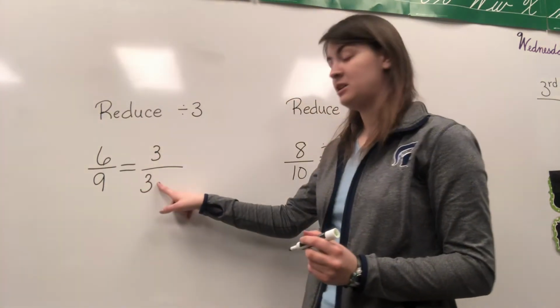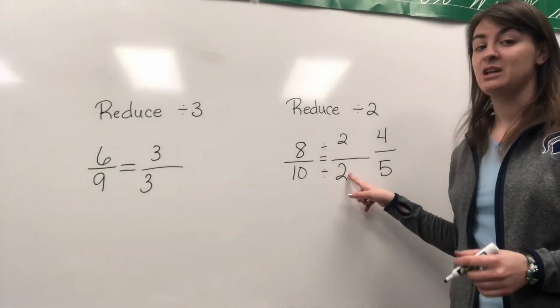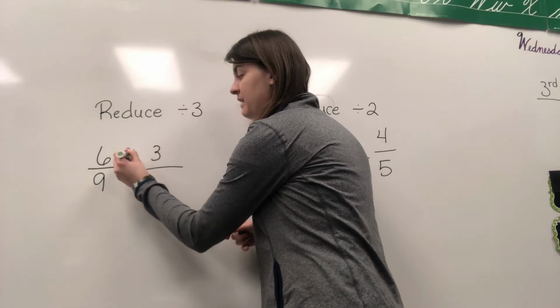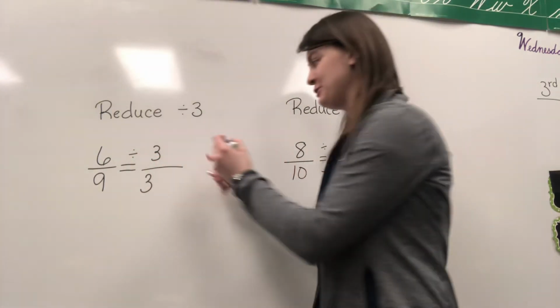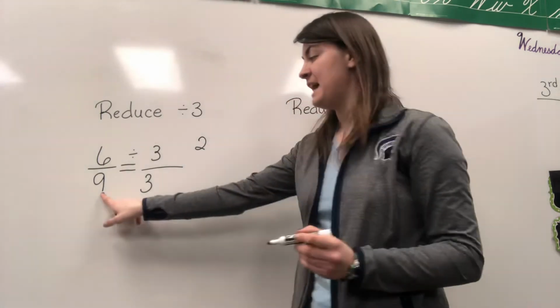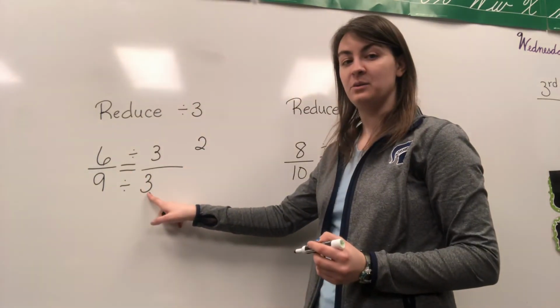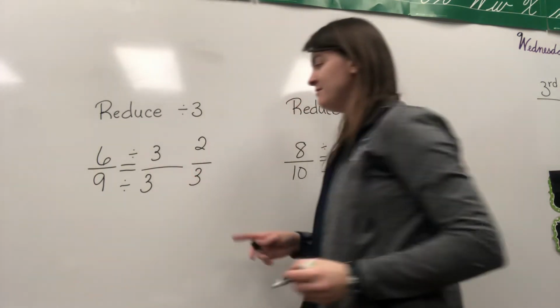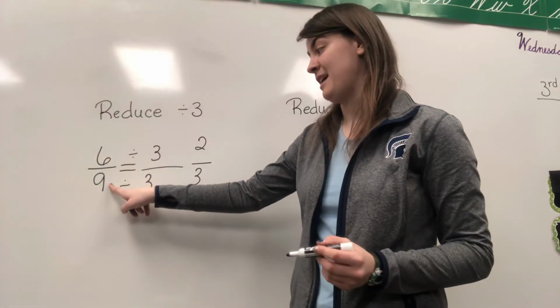Remember, 3/3 and 2/2 are both fractions that are equal to 1. 6 divided by 3 equals 2. 9 divided by 3 equals 3. Very good. 2/3 is equal to 6/9.